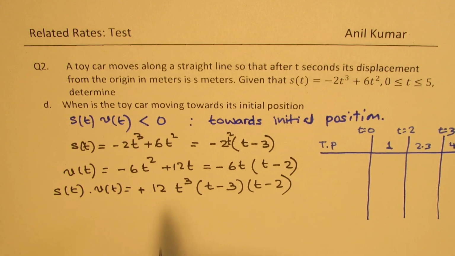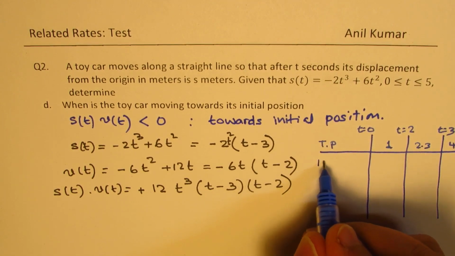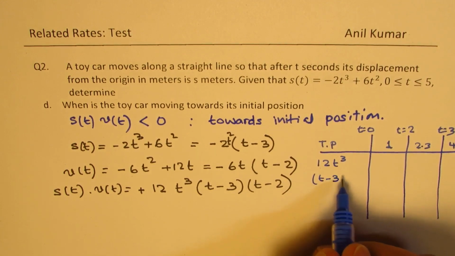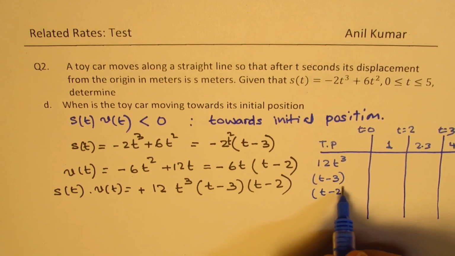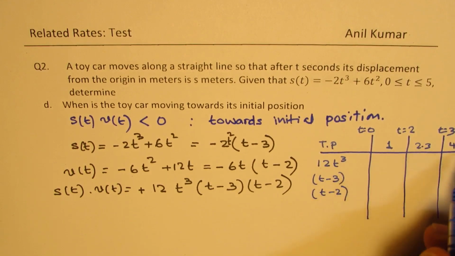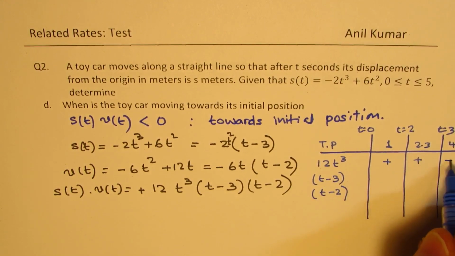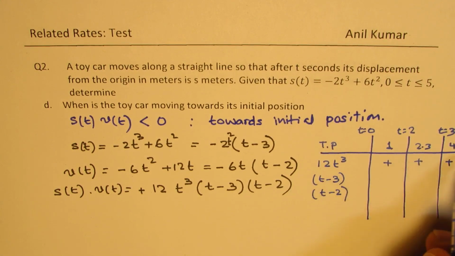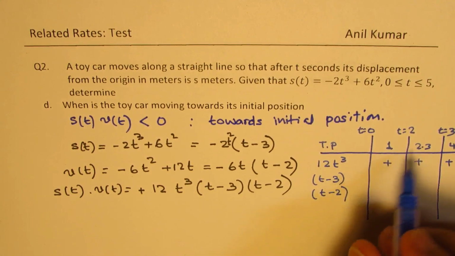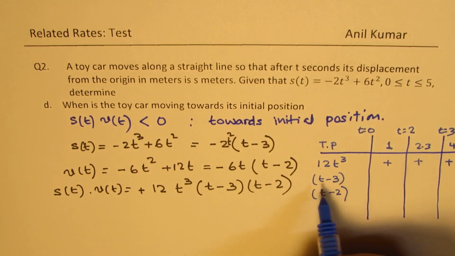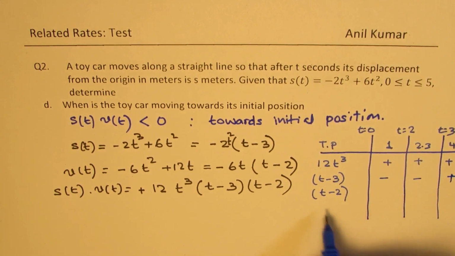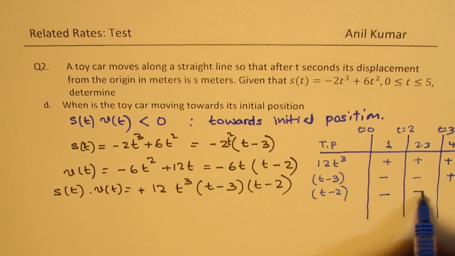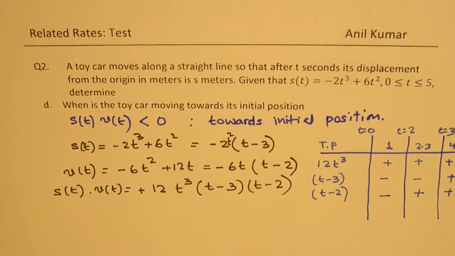The factors to be tested are 12t cube, then t minus 3 and t minus 2. So when t is positive, 12t cube will be positive. t minus 3 is only positive after 3, right? So before that it's going to be negative. t minus 2 will be negative for t equals 1 and thereafter it is going to be positive.